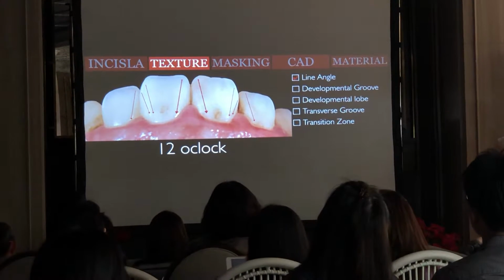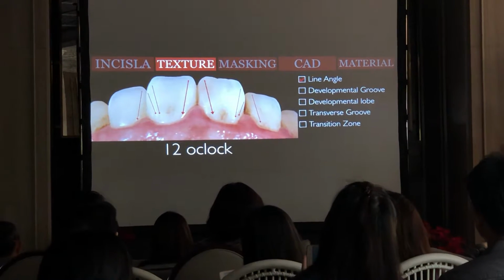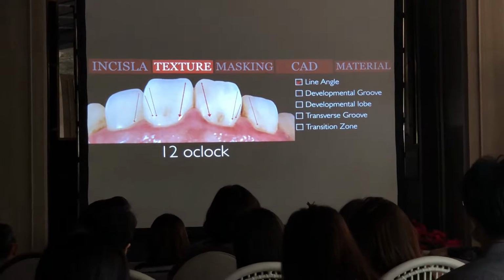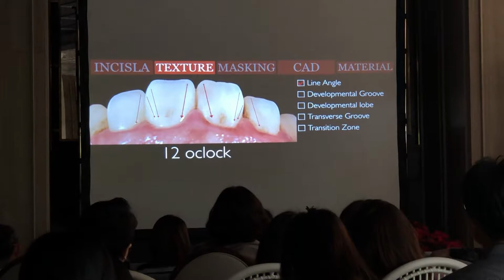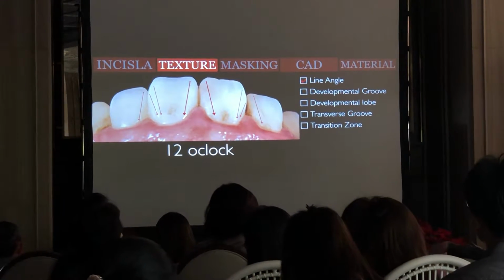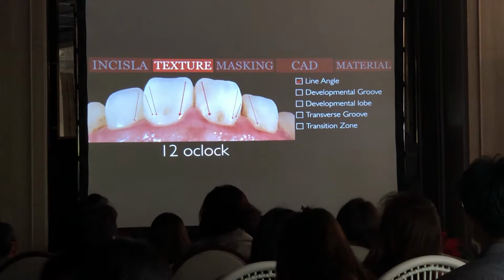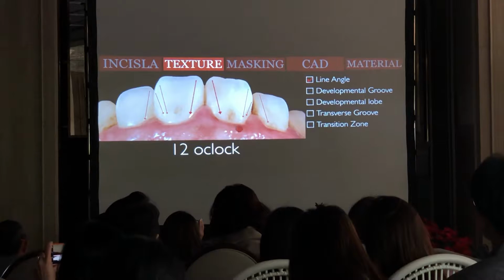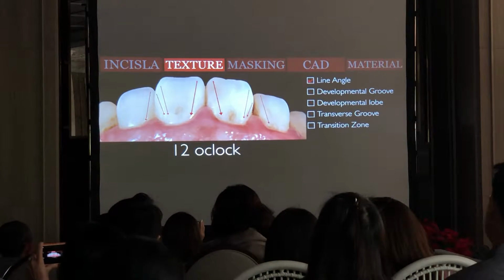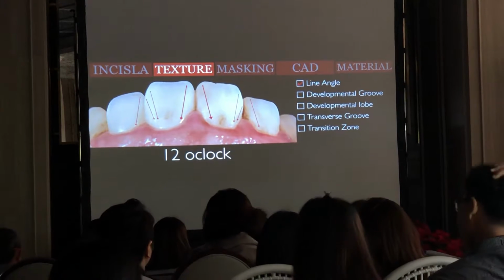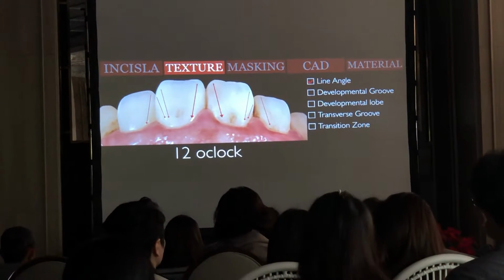Some patients have two distal line angles on a central incisor. You need to take a 12 o'clock picture for your technician. Of course, they can see the incisal edge translucency also from the 12 o'clock, I know. But the most valuable information to the dental technician is line angle distribution.